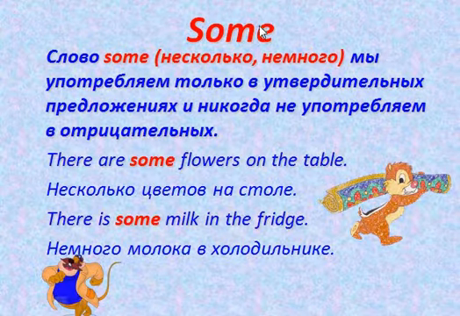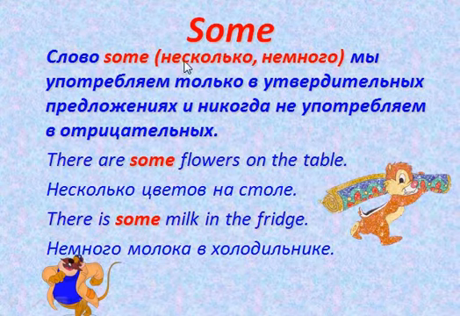Let's learn about some. The word some we use only in the affirmative sentences. How do we translate it into Russian? Affirmative sentence? В утвердительных предложениях, да? Значит, мы используем слово some только в утвердительных предложениях, да?